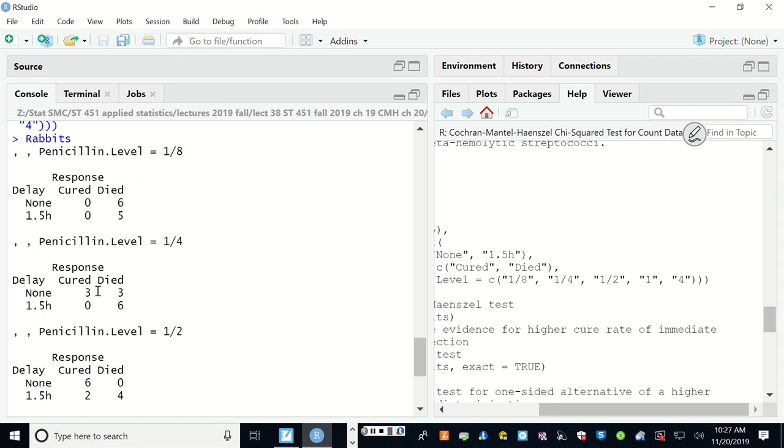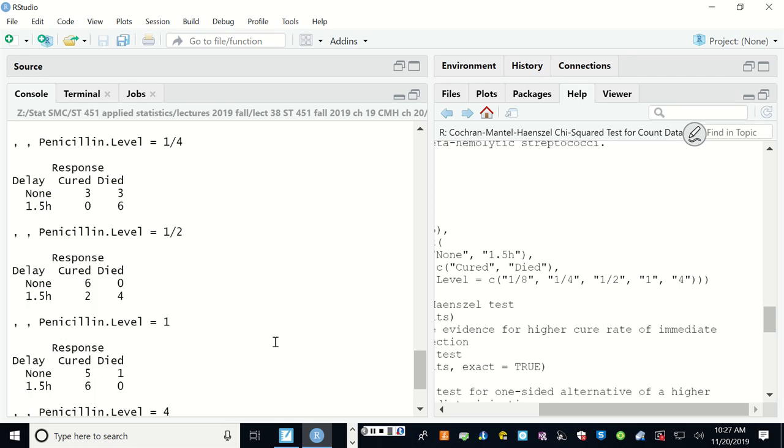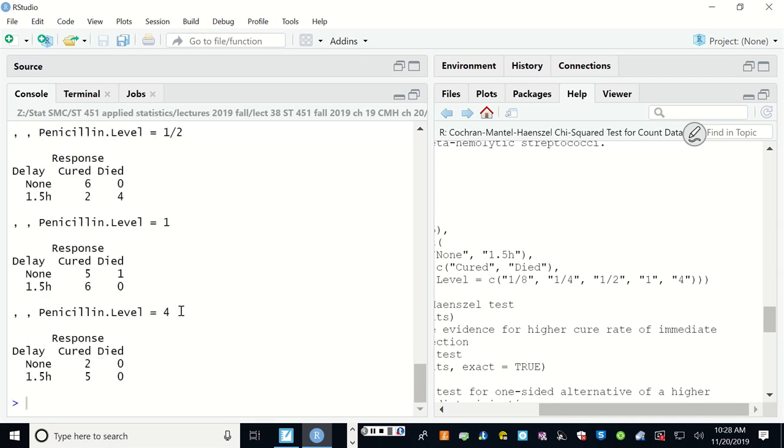I mean, it's 50-50, right? But if it's delayed, they're still dying. At this level, they all were cured, but with the delay, it's not as well. At this level, one died, so it's not perfect. But even those that were delayed got better. And at the high level, they all were cured.